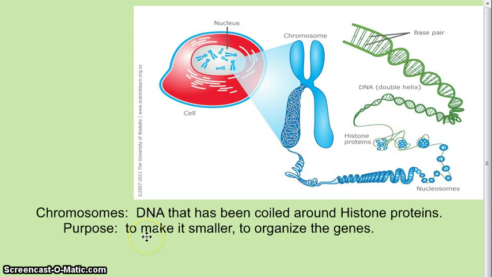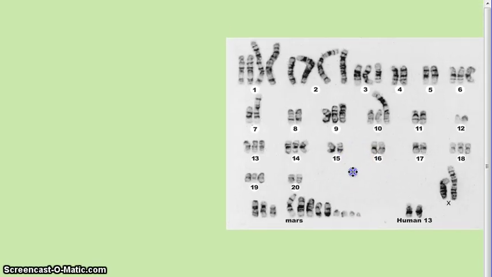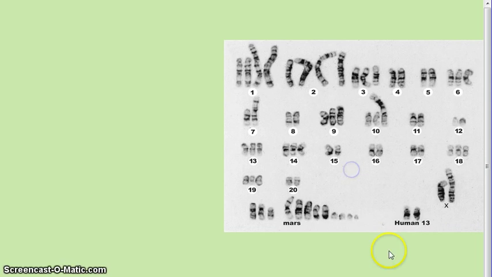The purpose of a chromosome, and this is another thing you need to understand, is to make the DNA itself smaller, to package it, and also to organize the DNA, specifically to organize the genes that are on the DNA into a specific region. And let me show you what that looks like. These are actual chromosomes taken out of the nucleus of a person, and you have 2 of each kind of chromosome.